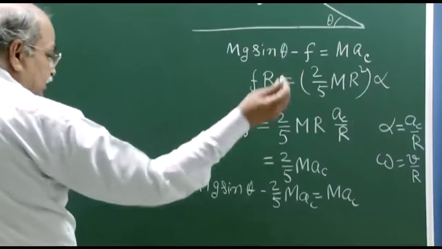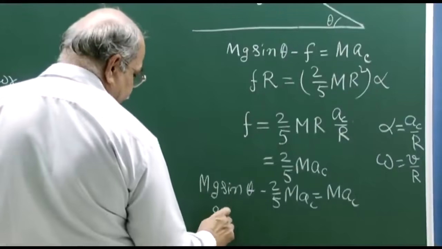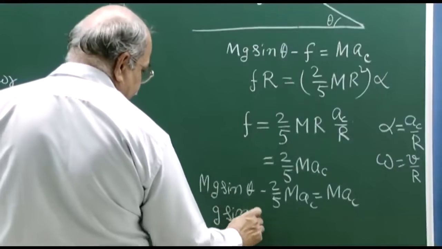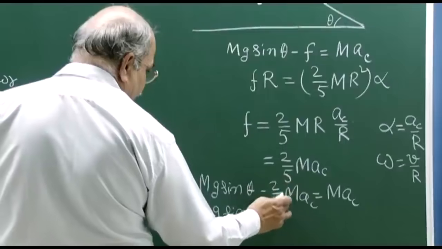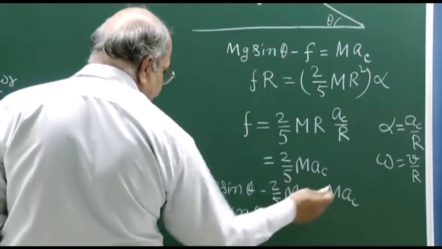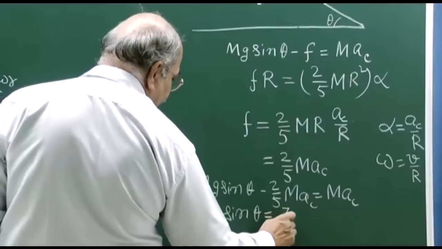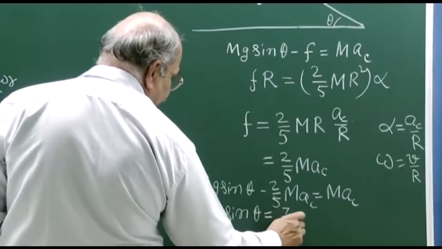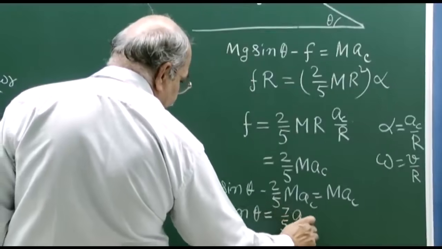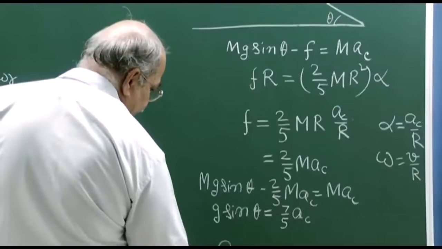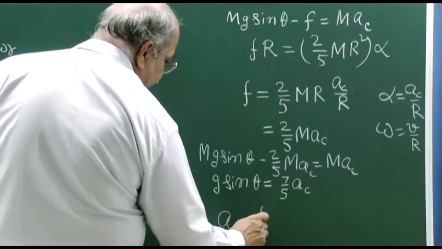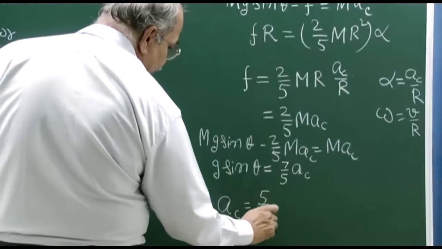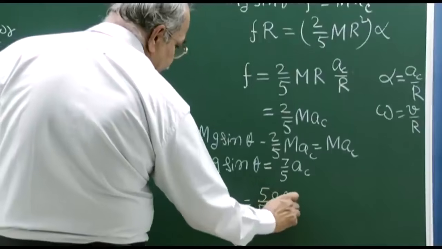So, m cancels out everywhere, g sin theta is equal to this 2 by 5 a_c, which you can add here. So, that will become 7 by 5 a_c, and hence the acceleration is 5 by 7 times g sin theta.